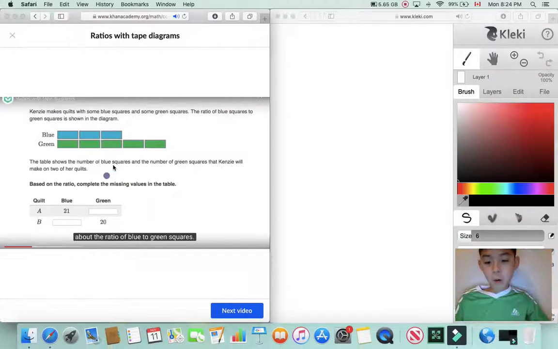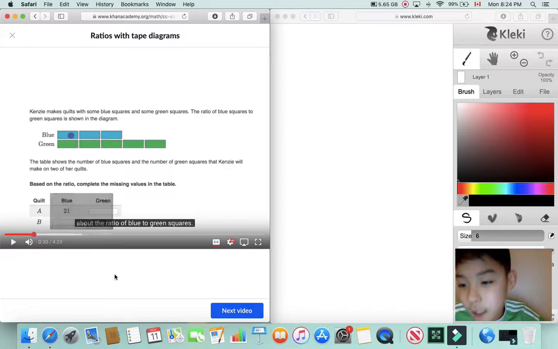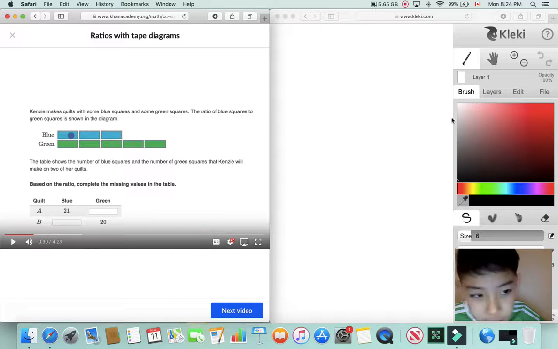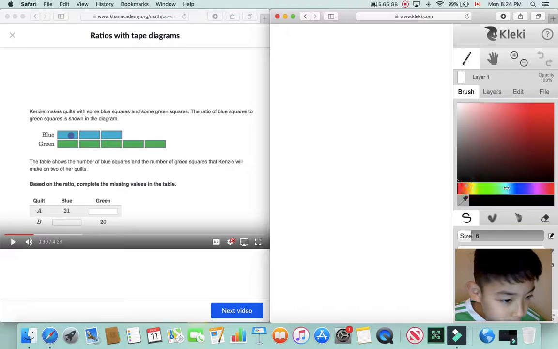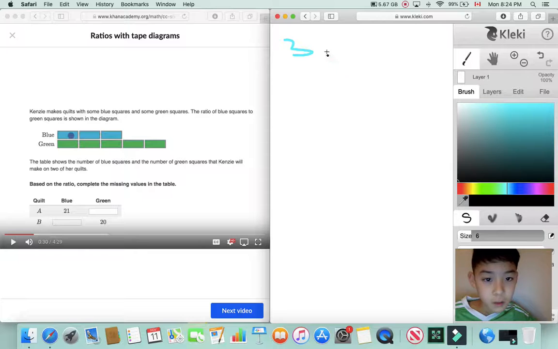Well, first let's think about the ratio of blue to green. So right now let's count. Right now it's 3 to how many? 5. Right now it's a 3 to 5 ratio.